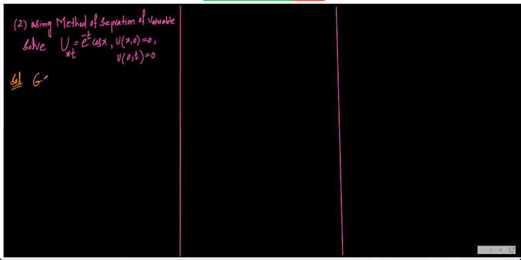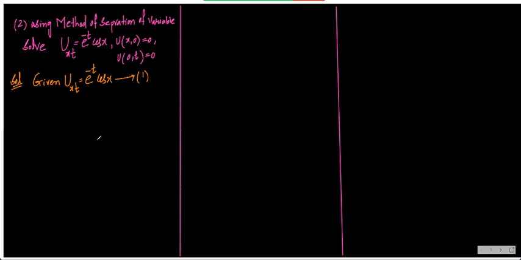What is given? Given u_xt is equal to e to the power of minus t into cos x. This is taken as equation number 1.